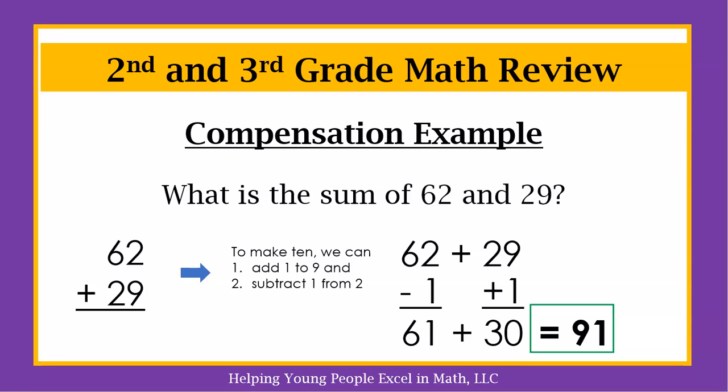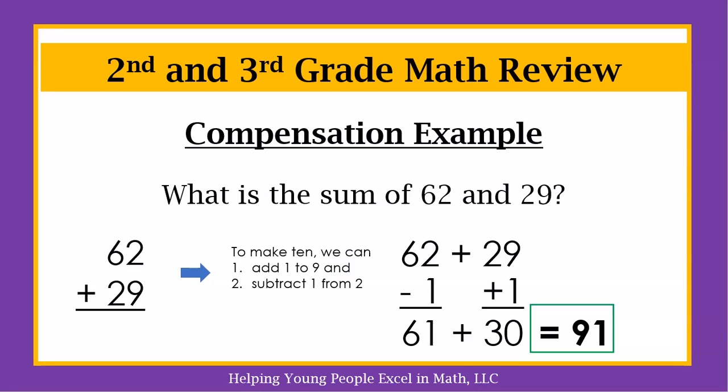We decided that we are going to add 1 to that 9 to make 10. If we add 1 to one number, we must subtract 1 from the other number. And that goes with whatever number you use. Whatever you do to one number, you do the opposite operation to the other one.